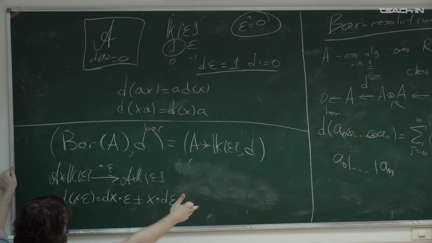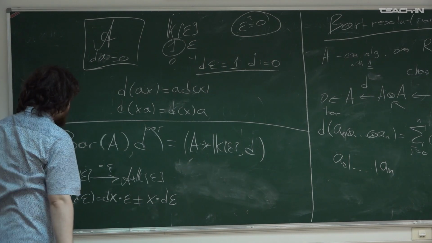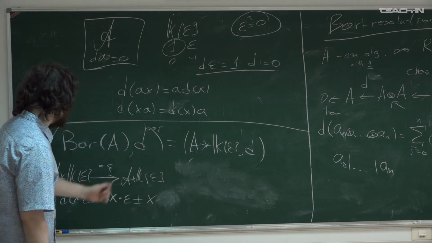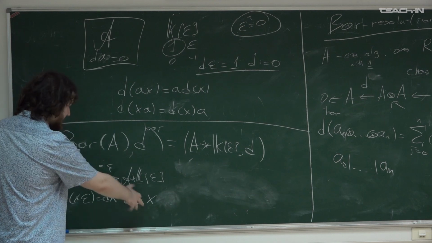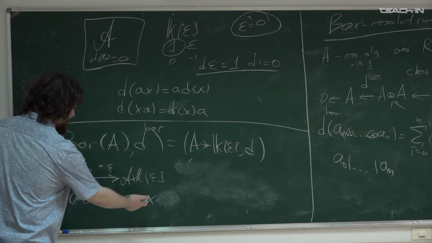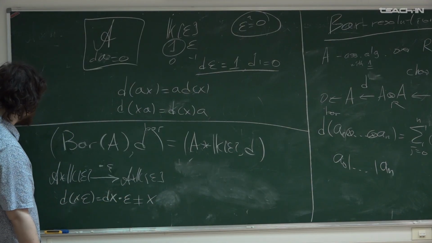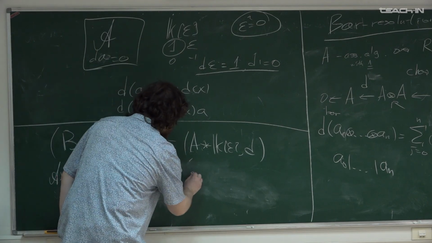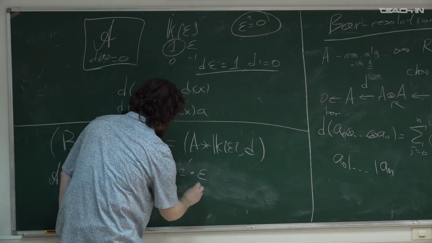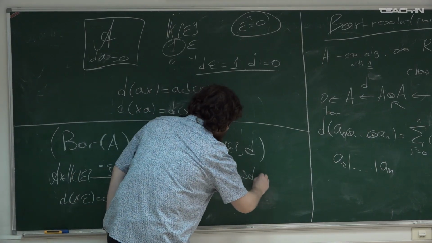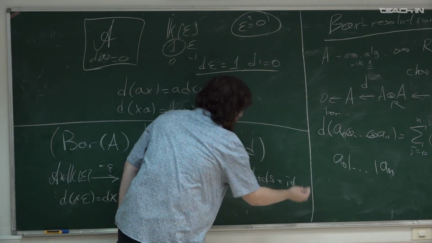This means that d epsilon is the unit, so up to sign multiplication by epsilon is a homotopy between identity and 0. With s being multiplication by epsilon up to sign, sd plus ds is identity plus 0.